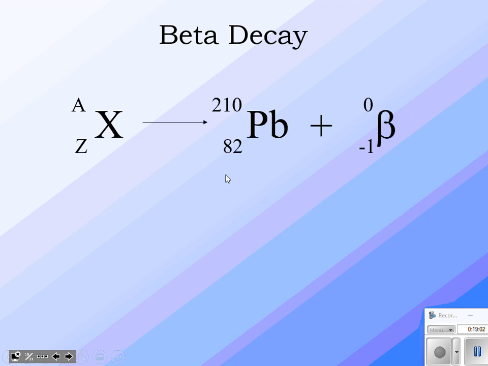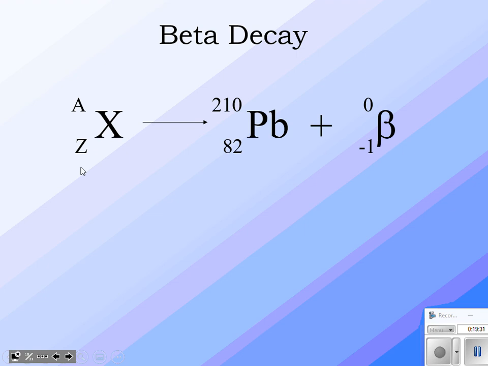Can I go the other way? Can I think of this the other way? Well, here's lead, 210, 82. So lead is my stable element. So in order to get my unstable one, what am I going to do to this Z right here? I'm going to subtract 1. Pretty tough math. 82 minus 1 is 81.